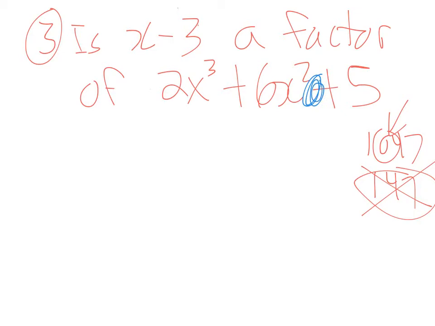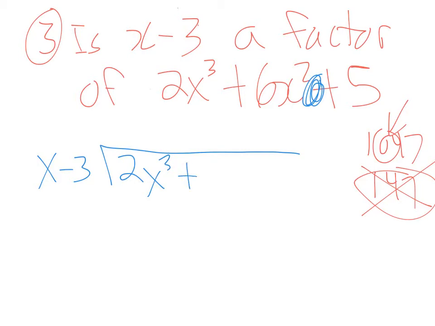There's no x term, so here's how we do this. We're looking, does x minus 3 go in evenly, without a remainder, into 2x cubed plus 6x squared plus 0x plus 5. We've got to put that 0x, and I'll put an underline there, to maintain what's called place value, basically, for polynomials.